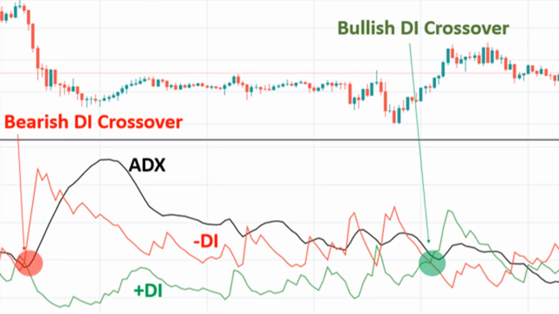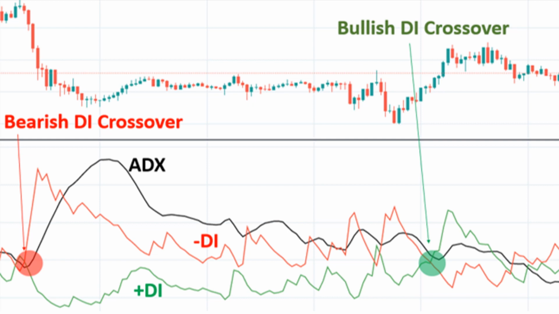Continuing on from what I just said, a riskier version would be a DMI crossover strategy. This involves waiting until ADX is showing a reading of 25 or higher, and then waiting until the plus DI crosses above the minus DI, indicating a bullish crossover, suggesting you should buy.